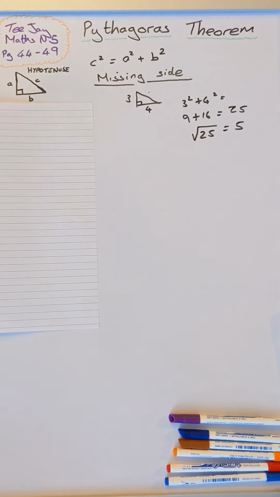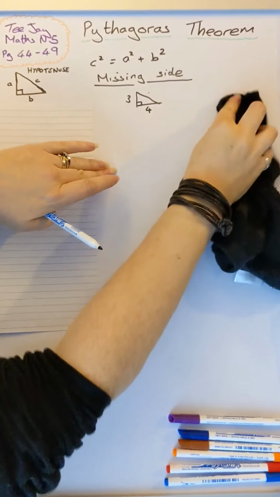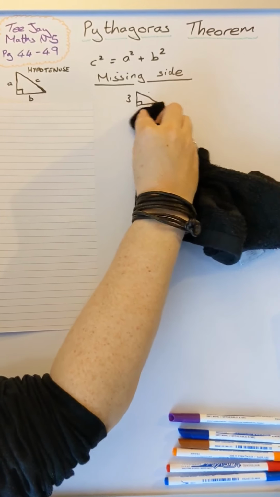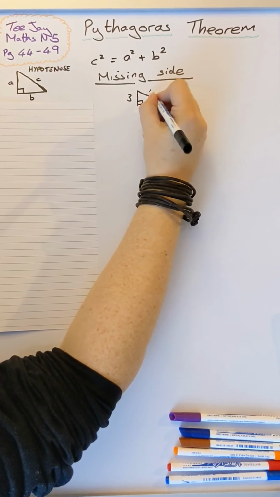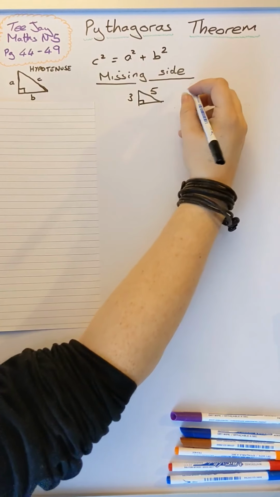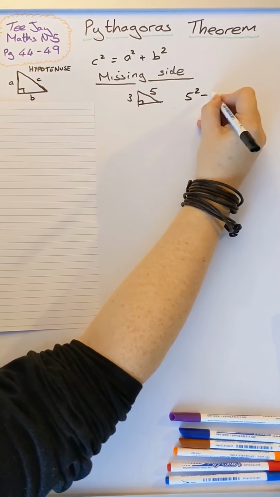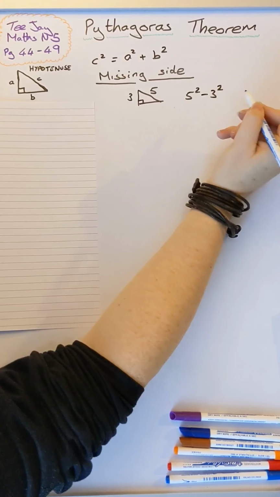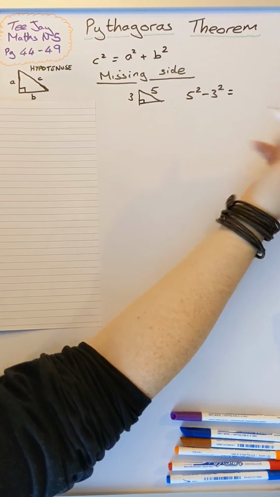Now, if we're looking for a side rather than the hypotenuse, the technique is the same. So if I take that one, if I say we are looking for the bottom side there, we would have the hypotenuse squared, take away one of the sides we know squared, equals the side we're looking for.